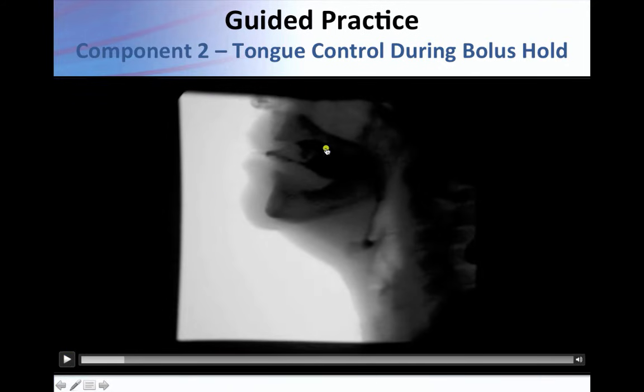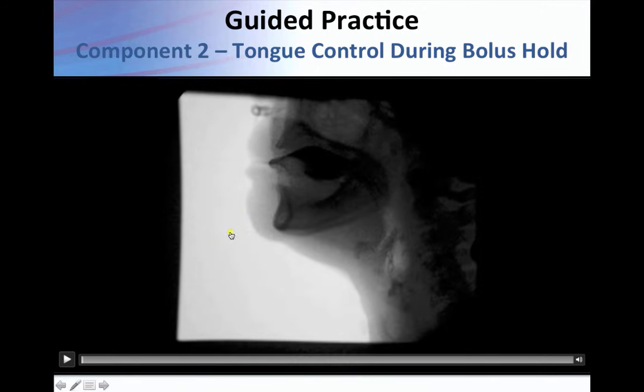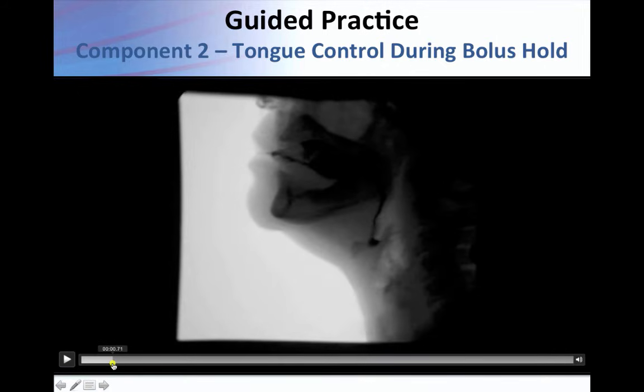But you can see clearly at the onset of the exam, immediately after he's told to hold it in his mouth, before the tongue starts to move, the bolus head leaves the oral cavity and falls into the pharynx. As you can see right here. The head of the bolus is already into the vallecula.